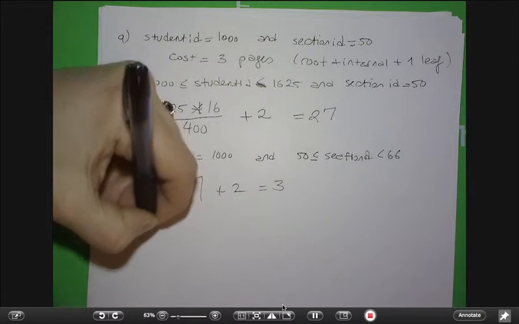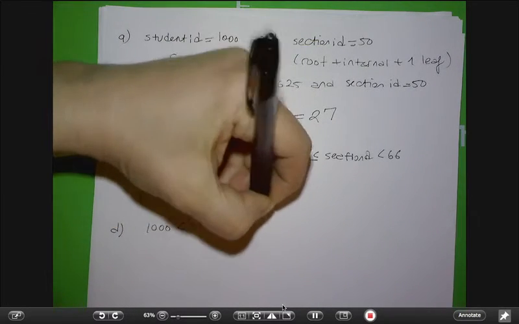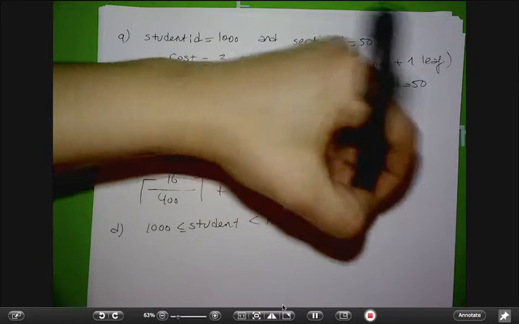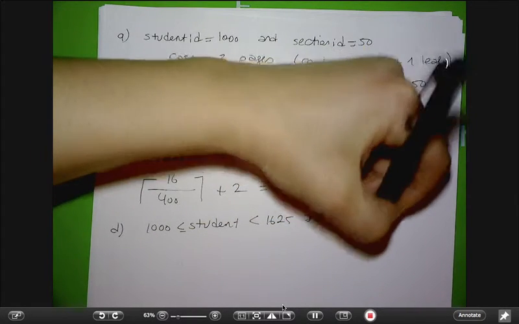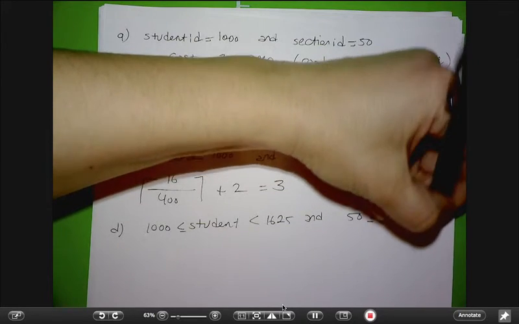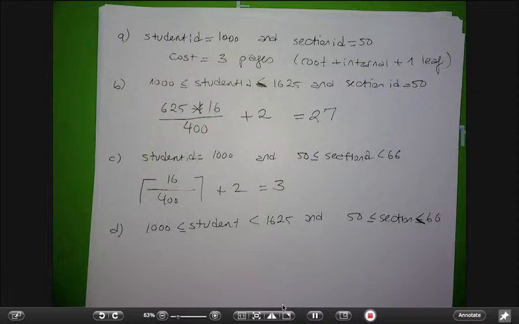Okay, D. So we have student is 1,000 to 1625, and section is between 15 and 6 to 6. How many nodes will I scan? Yes? The same as in B, because you still have to inspect the exact same number of students, so the exact same number of leaf nodes.